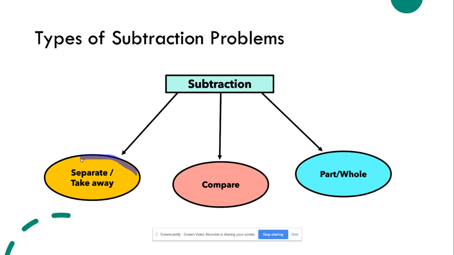Today, we're going to talk about the most common reason that people use subtraction, and it's just a takeaway problem. Sometimes they're called a separation problem because you're moving pieces away. You're taking away.